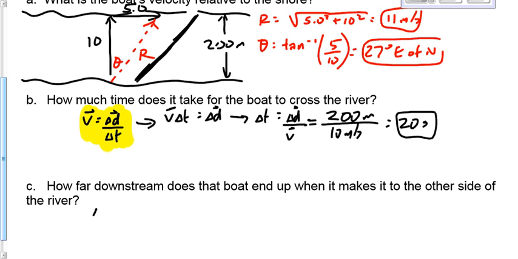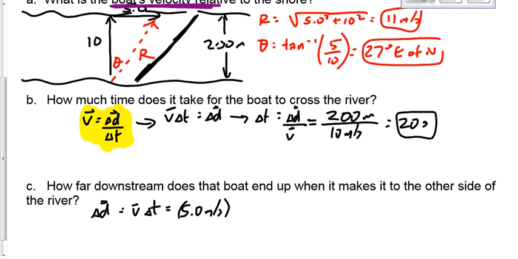Let's rearrange this equation again, solve for displacement, V times T. If I want to find out how far downstream it goes, what velocity should I use? 5, yes, use the 5 meters per second. Because if I want my displacement to be to the east, I need my velocity to be to the east.